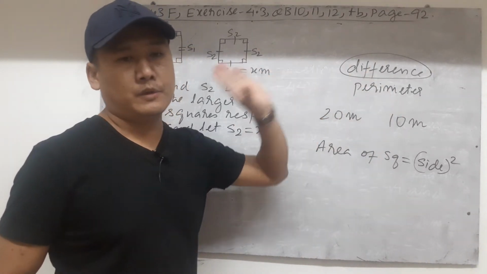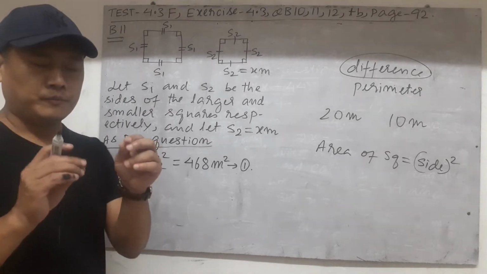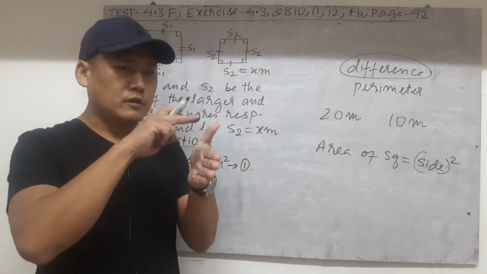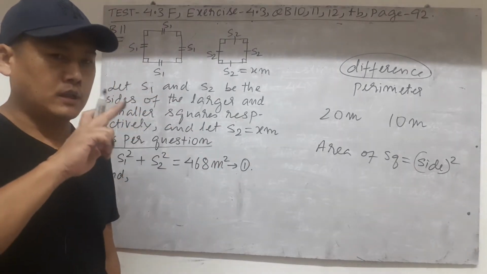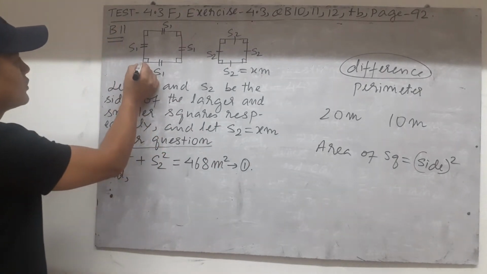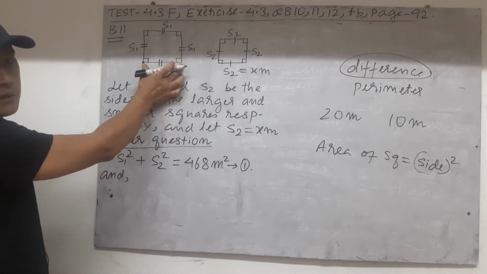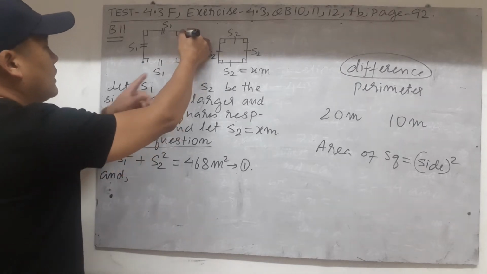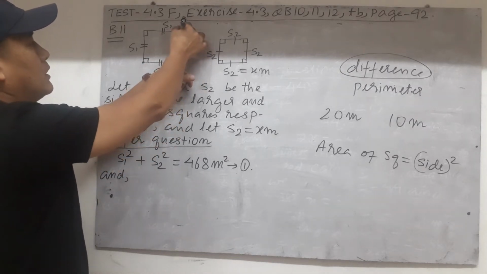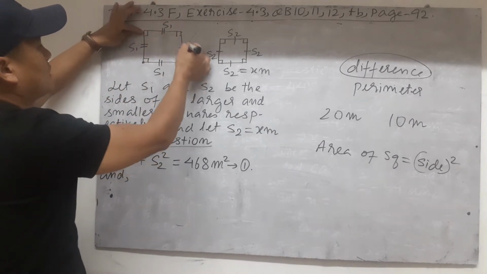So next, perimeter. Perimeter of a square is simply, listen to the definition, the distance covered in going only one time around the square. So if you started your journey from here, if you reached here, how much have you covered? That's right, S. Then if you reached here, from here to here, S plus S, 2S. Then from here to here and came here, S plus S plus S, 3S.